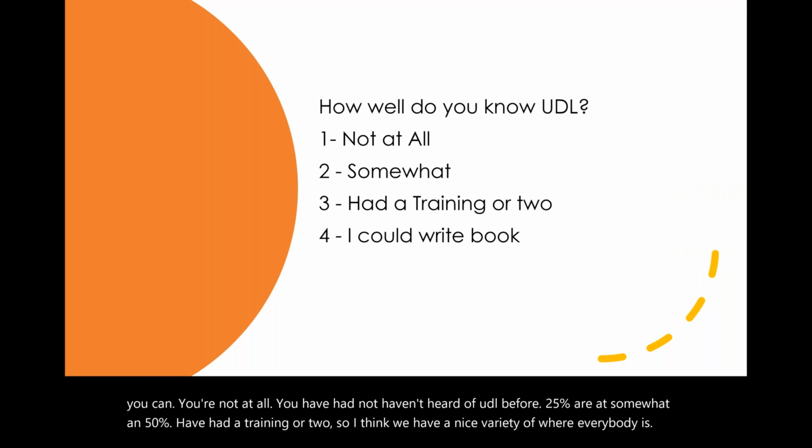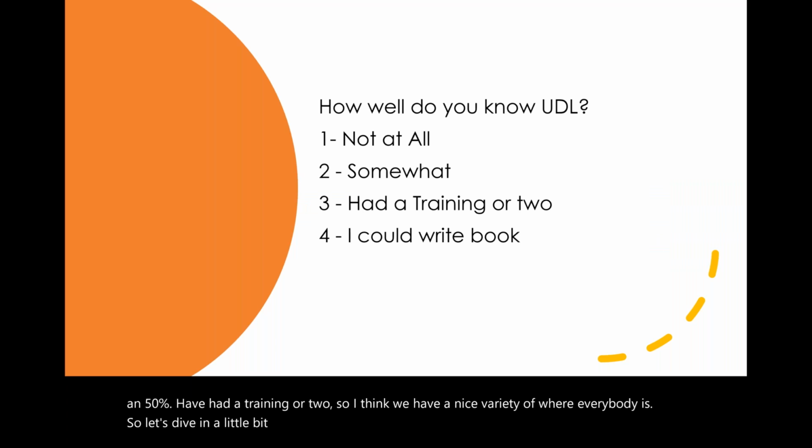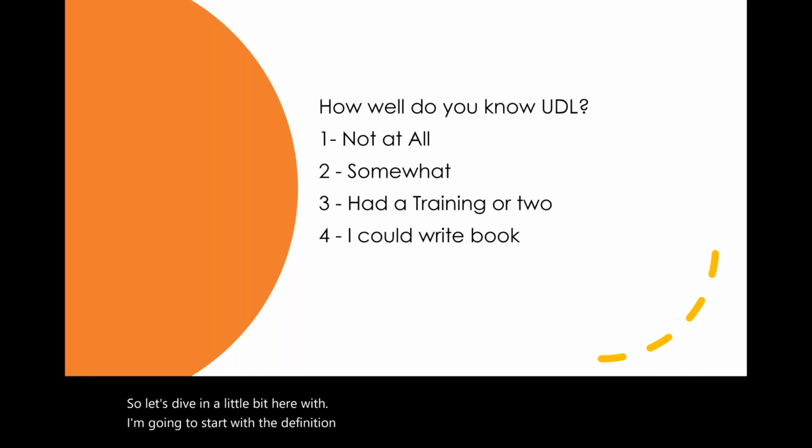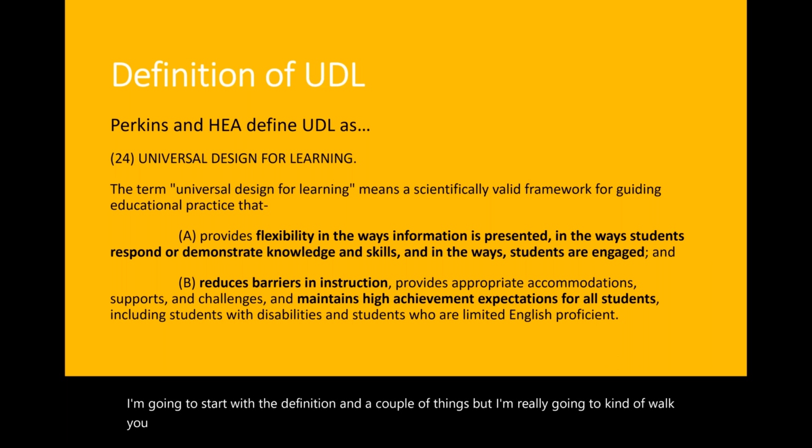So let's dive in a little bit here. I'm going to start with the definition and a couple things, but I'm really going to walk you through just demonstrating some stuff. So first of all, definition, get all the bureaucratic stuff out of the way.